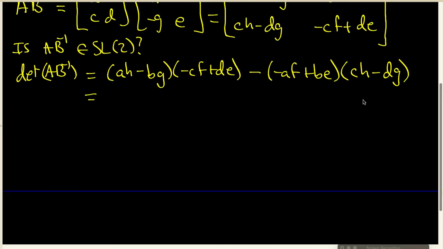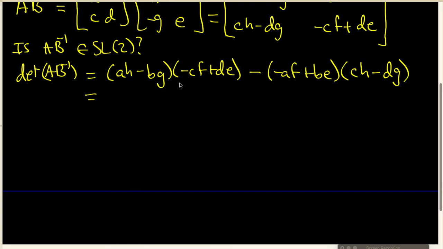I need to distribute these two things out, and when I do, the first one is going to be, let's see, I'm going to have a minus sign, so let me start over.